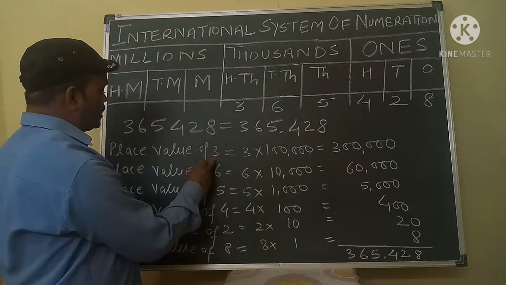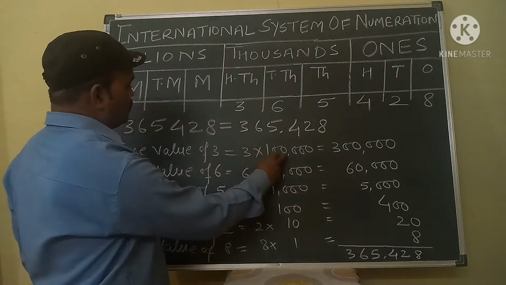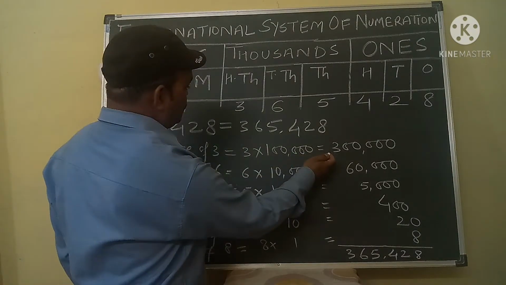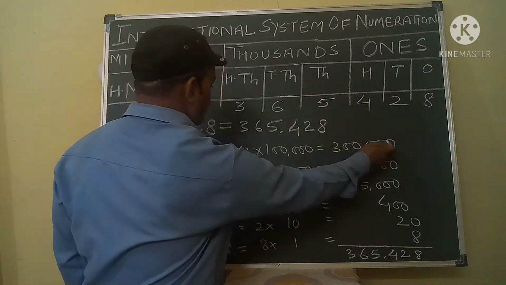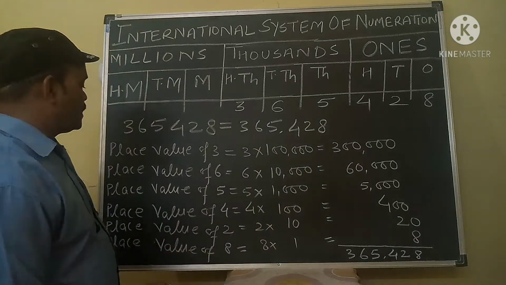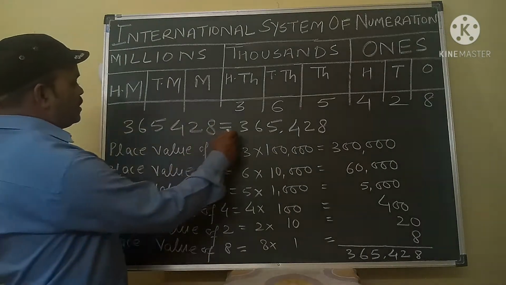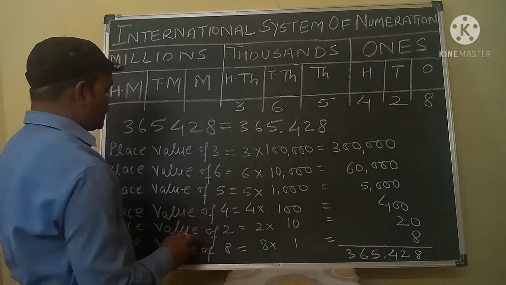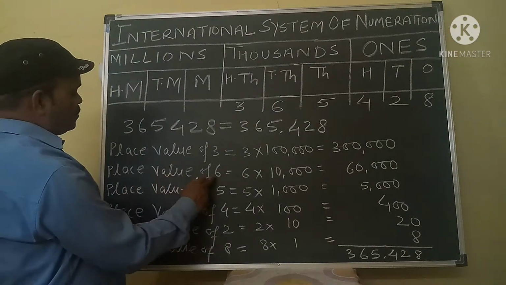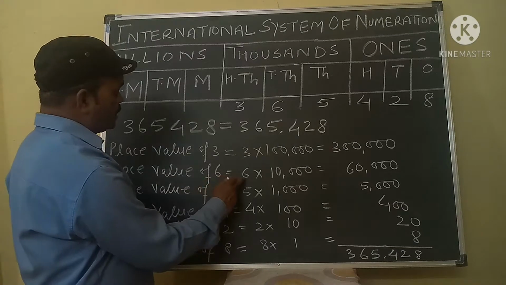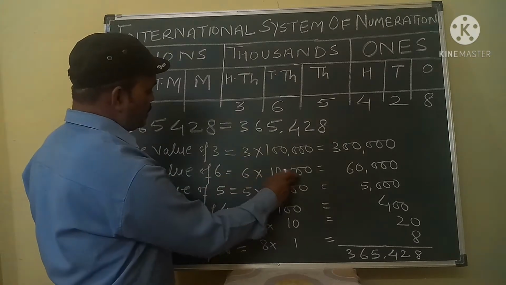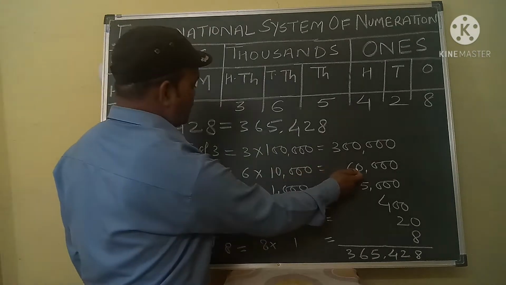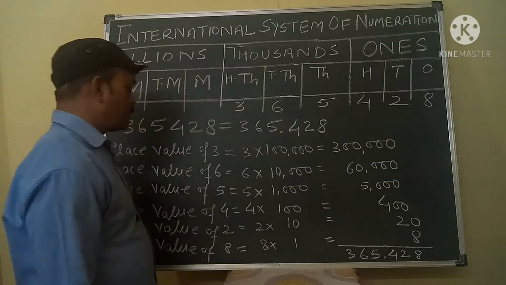Place value of 3 is 3 into 100,000. It will give you 300,000. Again, place value of 6. 6 is in 10,000 place. Place value of 6 will be 6 into 10,000. It will give you 60,000.